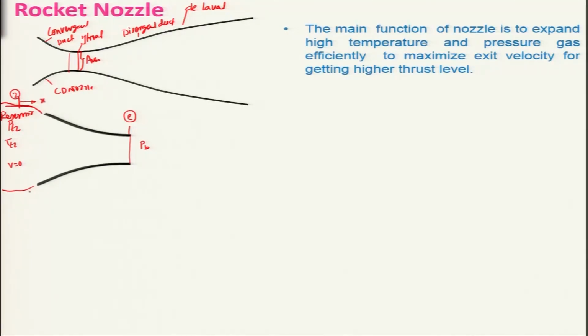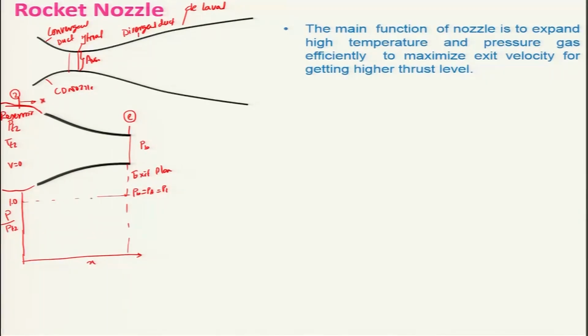Let us consider now a case where PB is equal to the total pressure in the reservoir. What will happen? You can see that there won't be any flow. If I say this is the x direction and this is the exit plane of the nozzle, and this is P by PT2, equal to 1, this is the condition where PB is equal to PA is equal to PT.